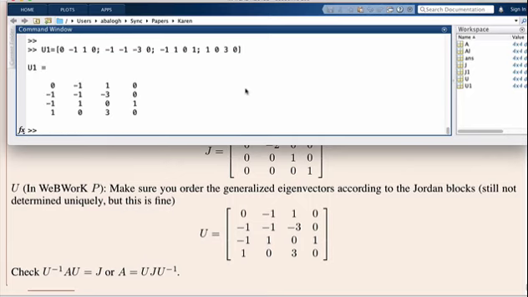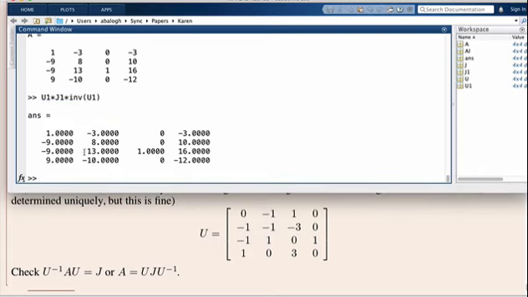And then we can calculate and compare this to the A matrix, what you get if you have U1 times J1 times the inverse of U1. Notice that there are some rounding errors, so you might see some zeros here, which suggests it's not exactly an integer, but if you ignore those, we get the exact answer.